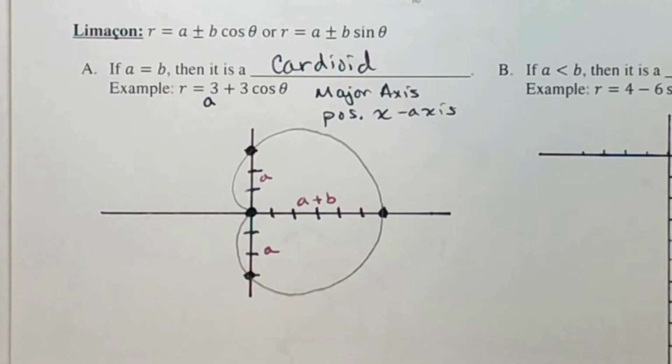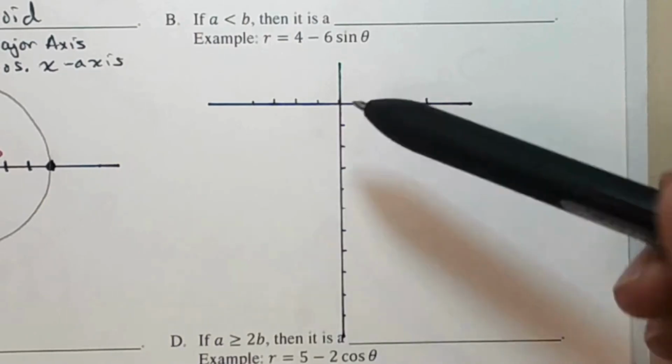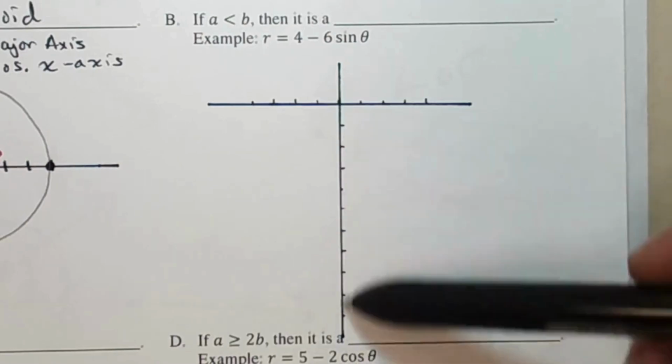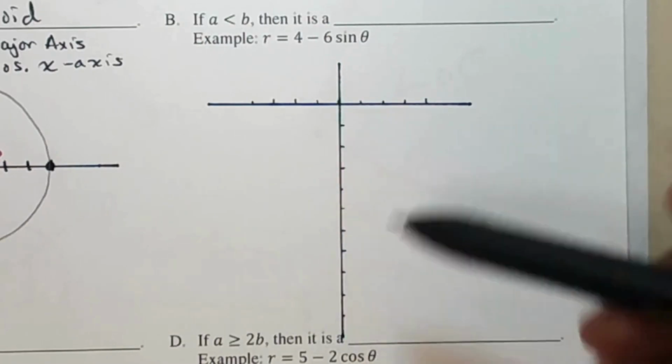Okay, so again, this is brand new stuff. So we're going to learn how to do these graphs well with practice. You can kind of see my graph here that I did some prep work out off camera. You can see that, oh, well, look, I have a lot more tick marks on this negative y-axis. How do I know that's the major axis?